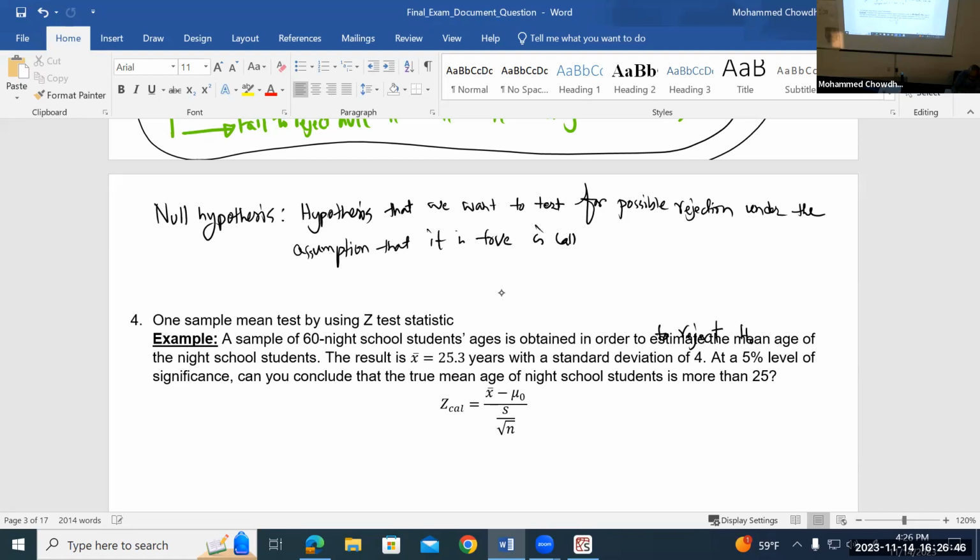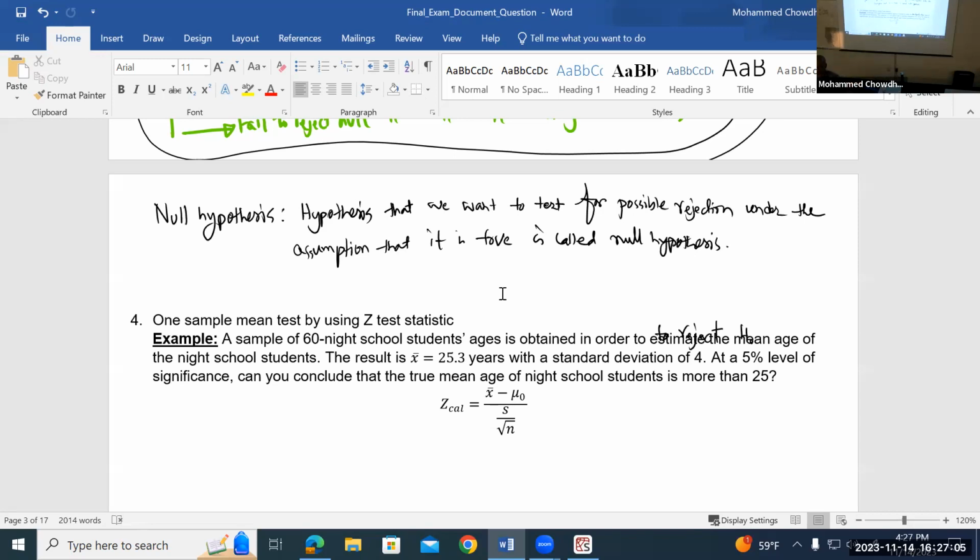It's called the null hypothesis. So what is the definition of the null hypothesis? The hypothesis that we want to test for possible rejection.